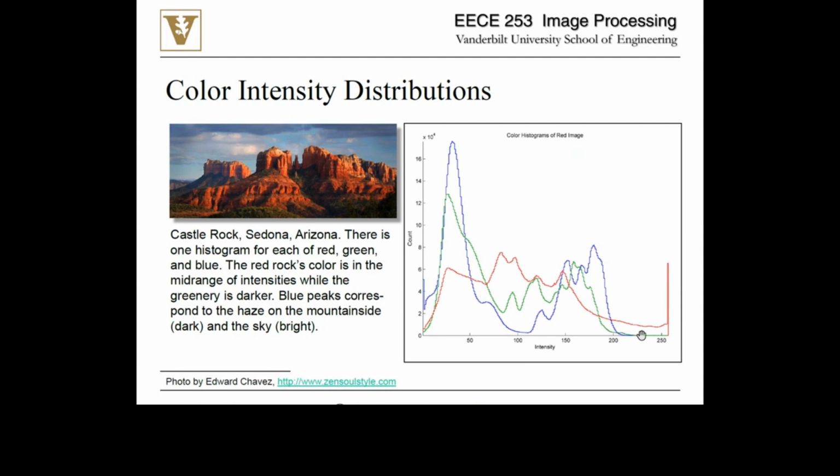We have some part of the range of intensities that is not used. Also, we see, for instance, the blue sky. So this peak is the blue sky, you think, or not? This is the blue histogram. So does this peak correspond to this part of the sky? What would you say?